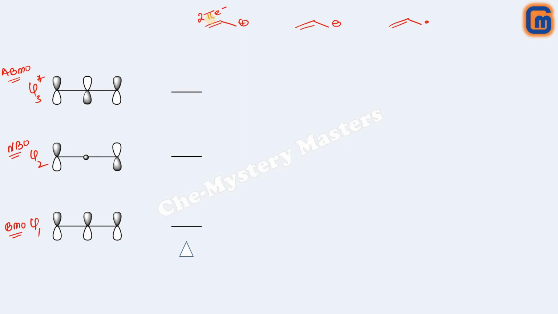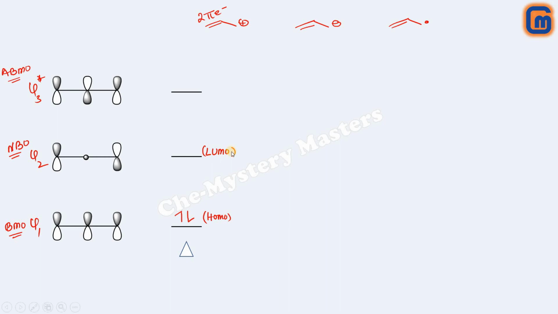As we have only 2 electrons, the electrons will be filled according to the rule which we have discussed earlier, and both of the electrons will be filled like this. And this will be HOMO in this case. So in case of allyl cation, psi 1 will be the HOMO, while next to that will be LUMO.